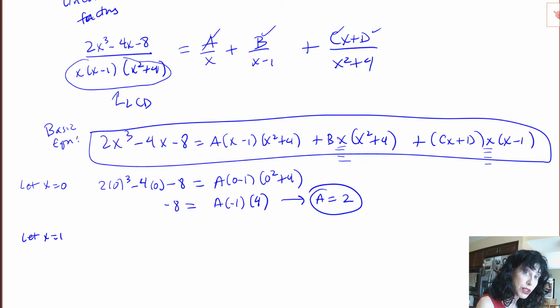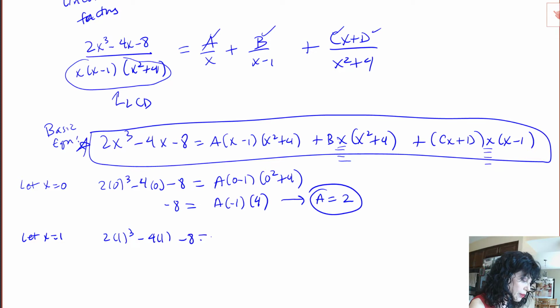So if I substitute x equals 1 into this big old basic equation, on the left I'll have 2 times 1 cubed minus 4 times 1 minus 8. What is that? 2 minus 4 is -2 minus 8. I think that's going to be, what? -10?